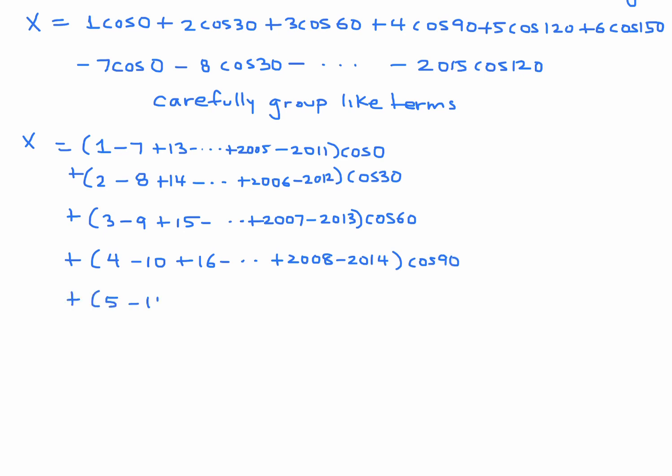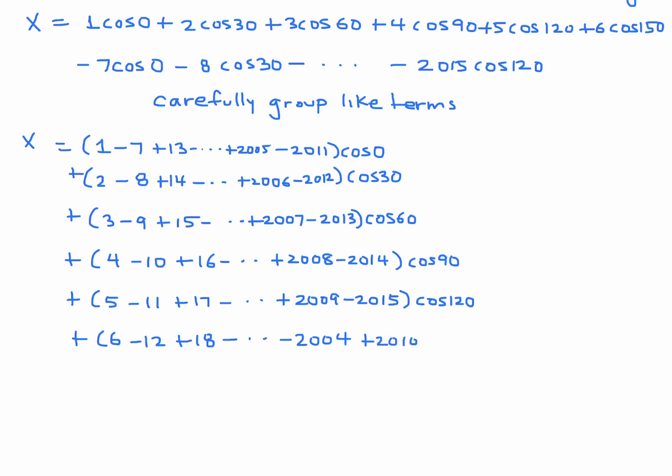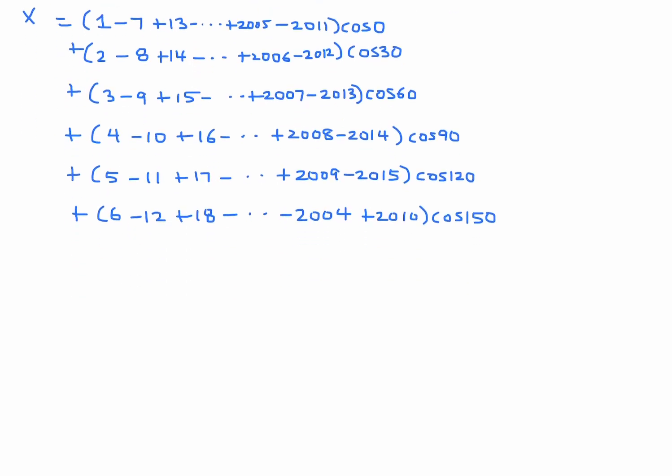Then we get to 5 minus 11 plus 17, dot, dot, dot, plus 2009 minus 2015, and that is cos 120. And I think there's one last one, plus 6 minus 12 plus 18 minus dot, dot, dot, plus 2010. I think that's it. We actually minus 2004, let's just put it 1 before, plus 2010. And then that says cos 150. All right, so we have grouped this very nicely.